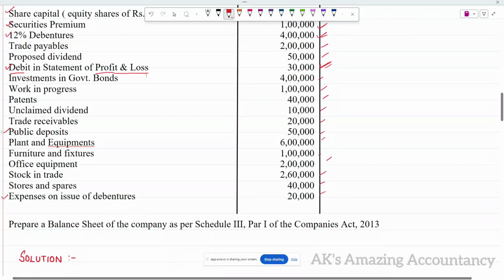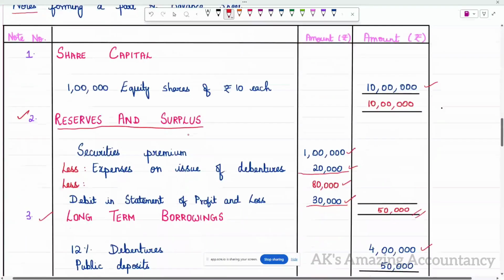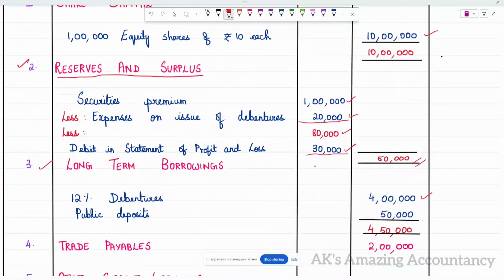This public deposit again is a kind of loan which is repayable after 12 months, so this will also come under long-term borrowings. Public deposit is 50,000. When you add these two amounts together, you get 4,50,000, which is note 3.